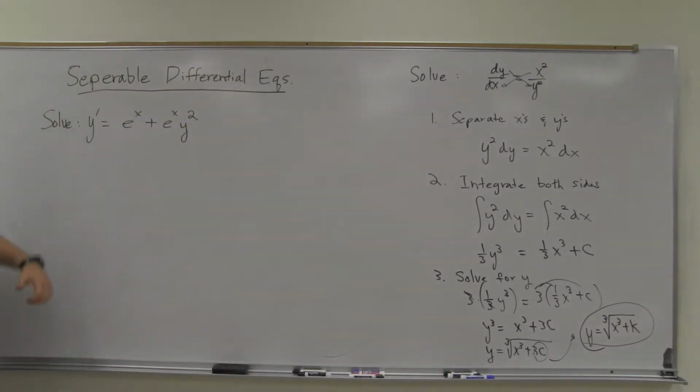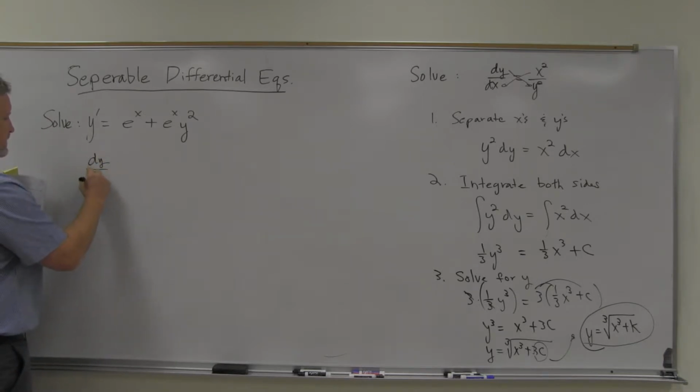The question becomes, can I separate this, the way we just did with that other example? First things first: y prime, we need it as dy over dx. So let's first make that change.